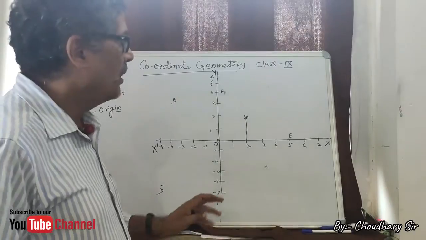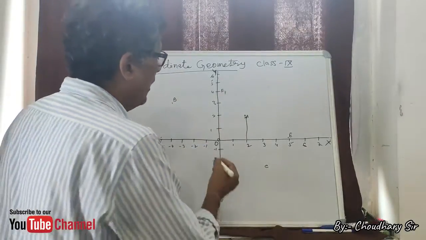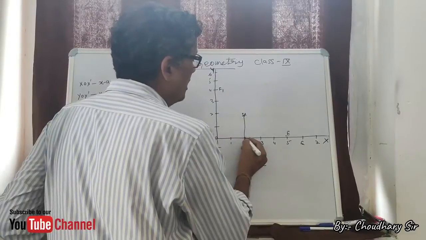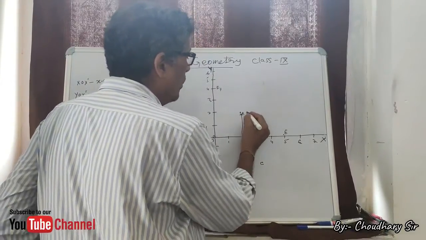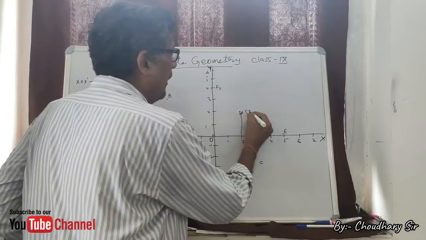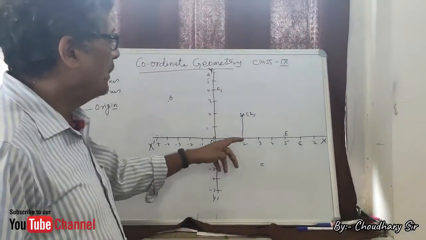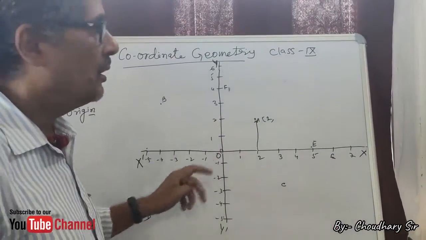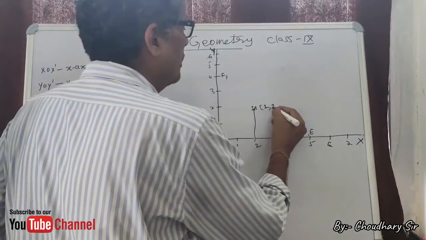Okay? So along the x-axis we come 2 units distance, so its x-coordinate is 2. And again along the y-axis we travel 2 units, so the y-coordinate is 2.